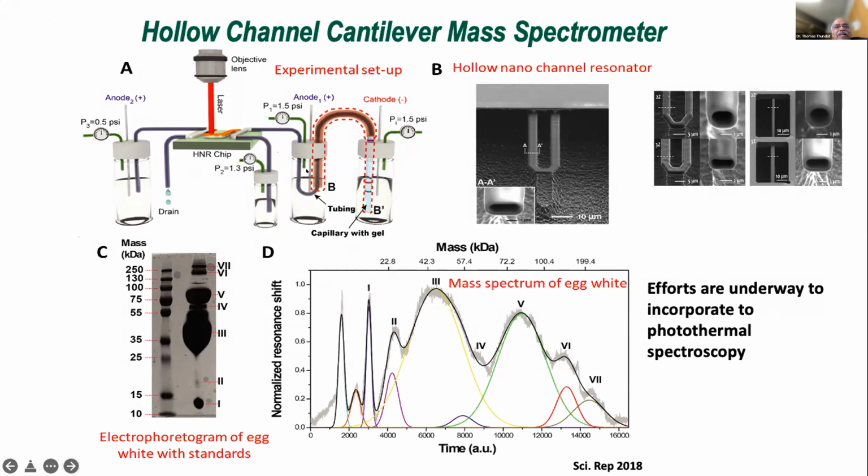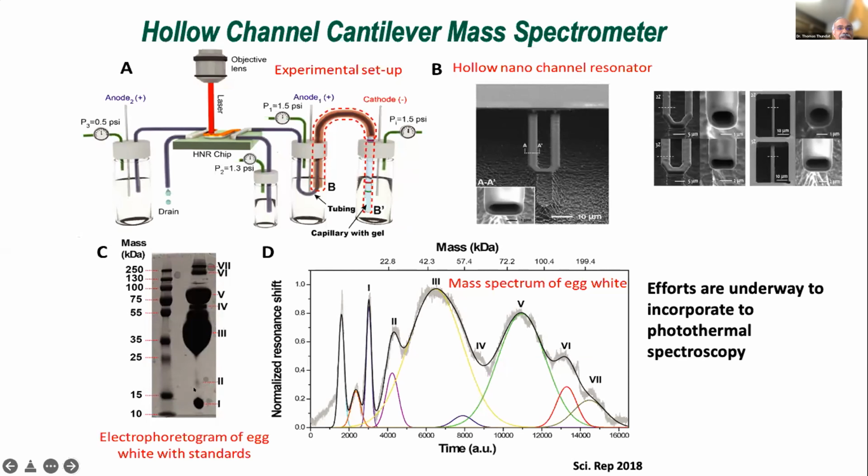This is the egg white, and we inject it through this little hollow channel cantilever and look at the resonance frequency as a function of time. So it's more like a time-of-flight mass spec, and you can see as the different protein groups come through the cantilever, the resonance frequency changes.